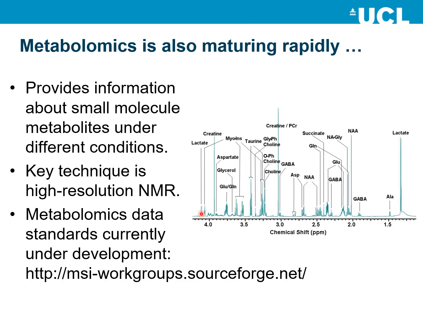So you can identify different small molecules like lactate, creatine, and alanine as one of the amino acids. By measuring the area of the peaks, you can get an idea of how much of that metabolite was in the sample. So that's the main approach of metabolomics.